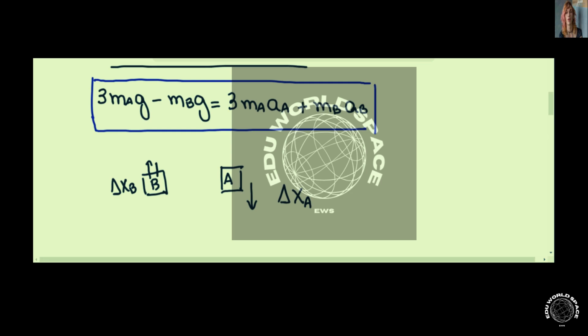But notice that there are 3 parts of the same string attached to block B, meaning that when block A drops a distance delta xA, this is equal to 3 times the distance delta xB by which block B is raised. So this means that the acceleration of block A must be equal to 3 times the acceleration of block B.